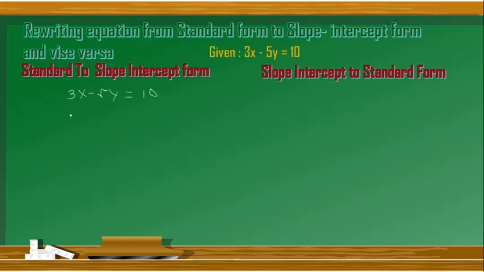For this, we have 3x minus 5y plus negative 3x equals 10 plus negative 3x. Then after that, we simplify. We still copy 3x minus 5y plus negative 3x equals 10 plus negative 3x.